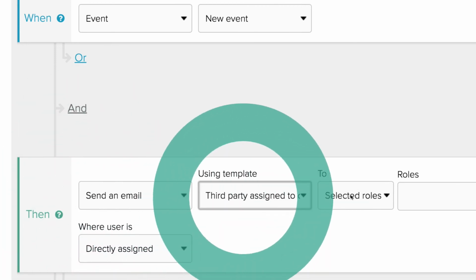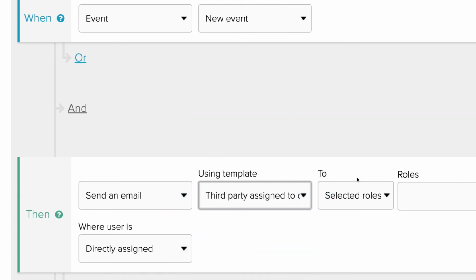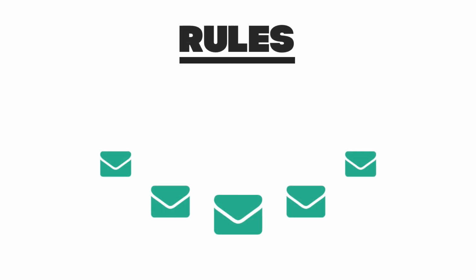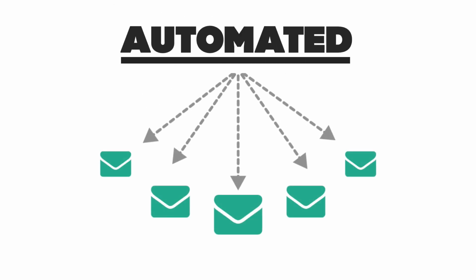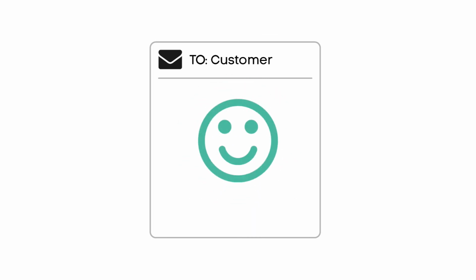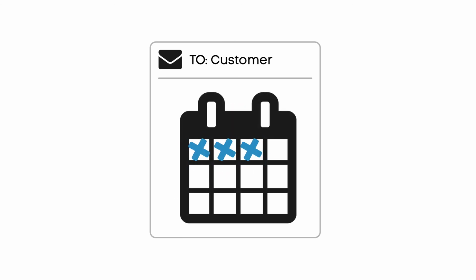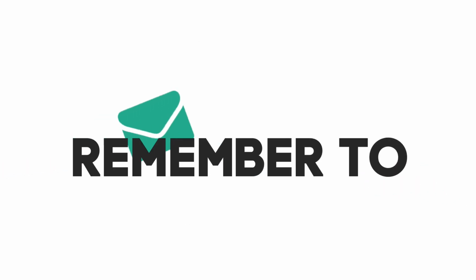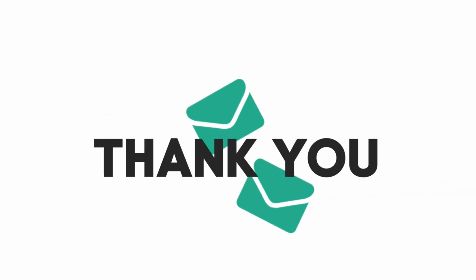We can also create email templates, which leads us nicely into emails. Email templates are used by rules when sending automated emails. A template might tell the recipient that something has happened, that they need to do something, or inform them that the case has been completed and closed. An email can even be sent automatically after a specified number of days, perhaps as a reminder to a member of staff, or as a courtesy to the customer.